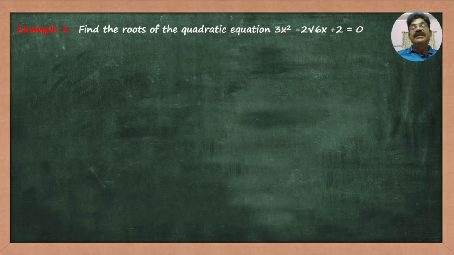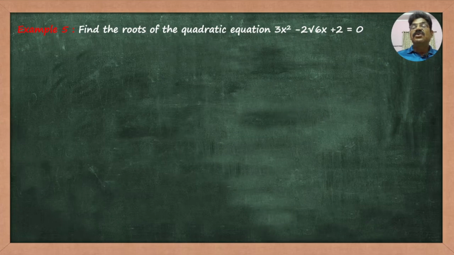Find the roots of the quadratic equation 3x² - 2√6x + 2 = 0. So here a = 3, b = -2√6 and c = 2. So you have to find two numbers so that their sum is -2√6 and the product is 3 × 2, which is equal to 6.